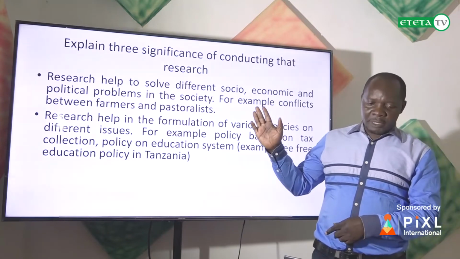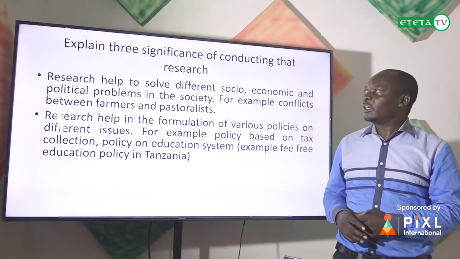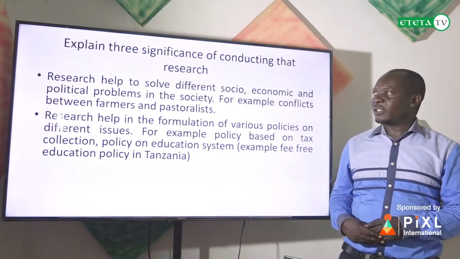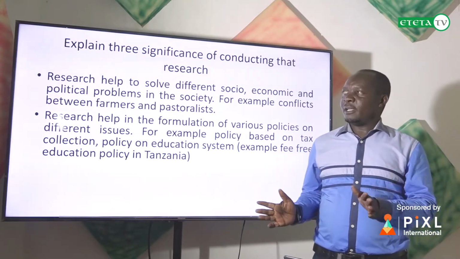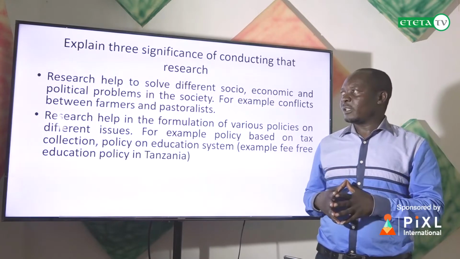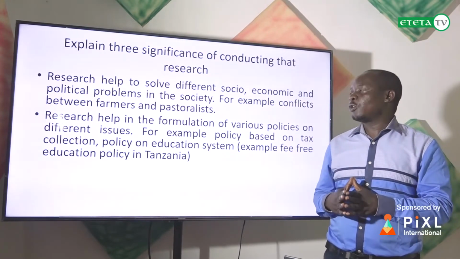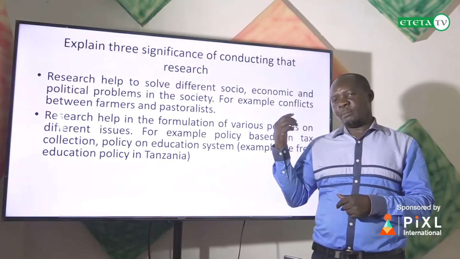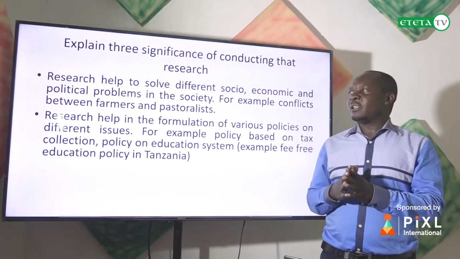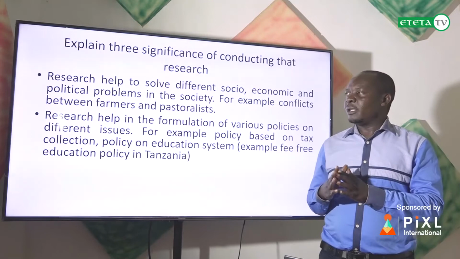But again, part D of the question is to explain three significances of conducting research. So basically, the student here has to give those significances. Number one, research can help to solve different social and economic problems. For example, in the case of this question, we have already seen that there was a problem between the pastoralists and the farmers.